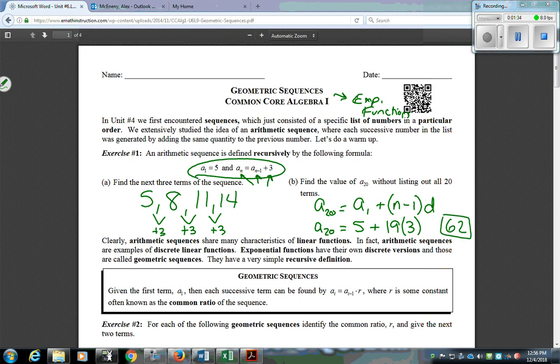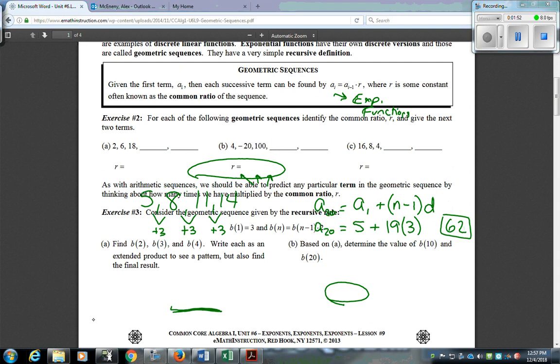Now, when we're talking about a geometric sequence, those are going to change by multiplication and division. You'll see that they have in the box an R. They call that a common ratio. A ratio could be an example of a fraction, which leads us to believe in multiplication and division.